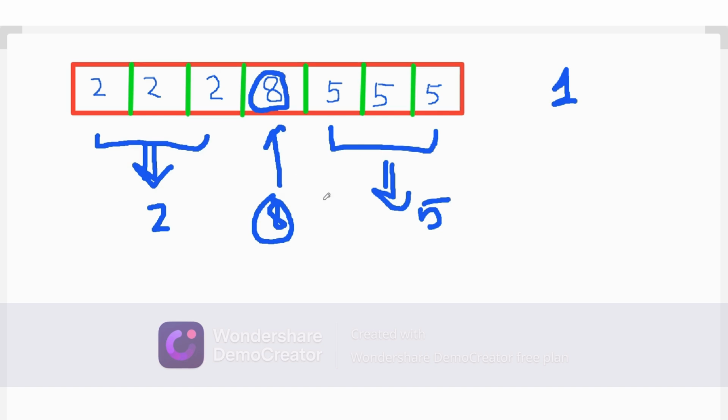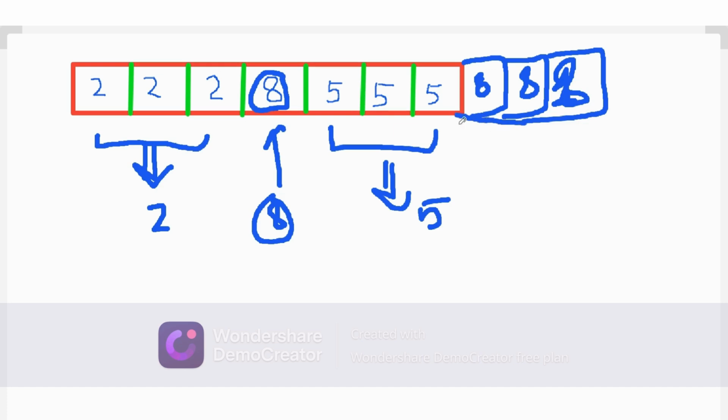So here our intuition is to find the maximum value in the array and its maximum streak as well. For example, let's say 8 is given here, but 8 came 3 times at another place too. Let's say it came 8, 8 and 8, suppose like this. So 3 eights I have added. In this case we will not consider the single 8, because here 8 is the maximum and it came 3 times.